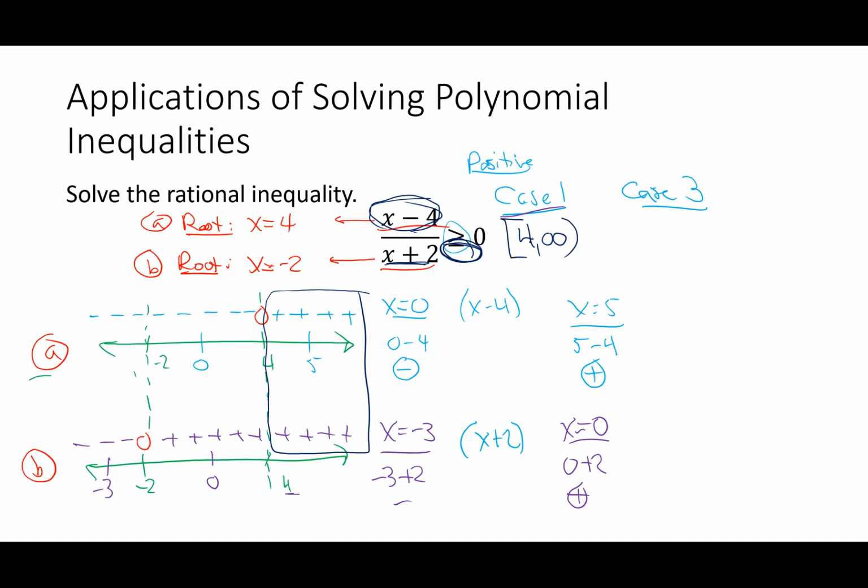Okay. Now, let's look for case 3, where I've got a negative over a negative. Well, that's going to be here. Well, what space is that? Well, it's going all the way to the left, so that's going to be negative infinity. And it's going to stop at -2.